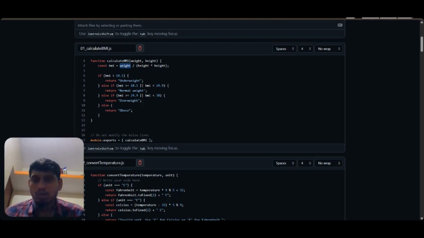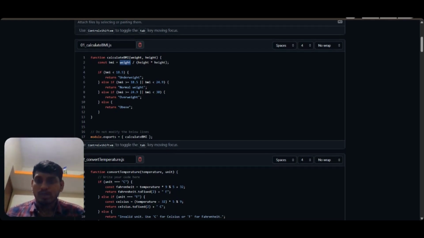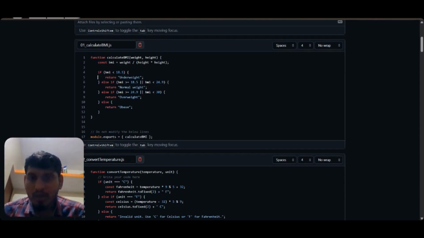For this, we are going to create this BMI. We are facing one issue in this problem. In the logic, we are facing some issue with the logical OR operator. Instead of the logical OR operator, we have to use the logical AND operator, then only we get proper output. Why are we using the logical AND operator?